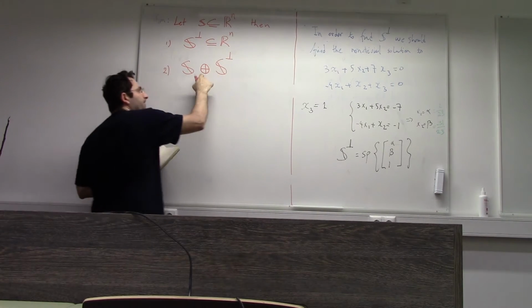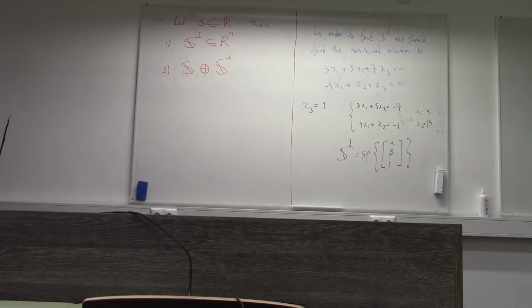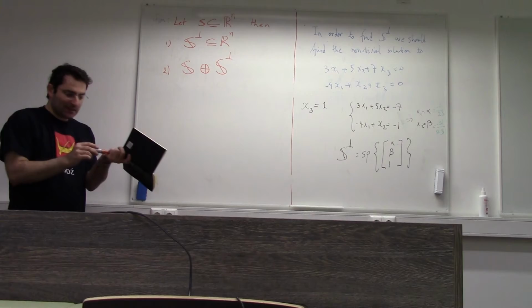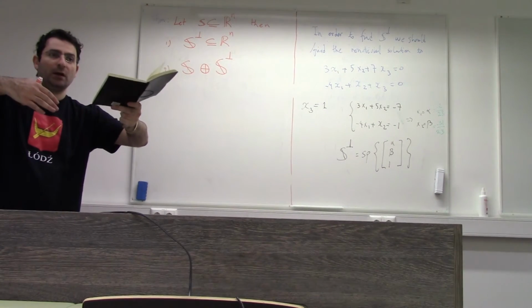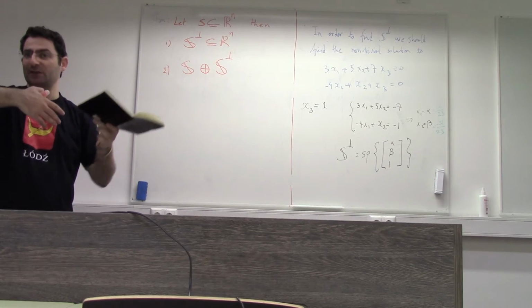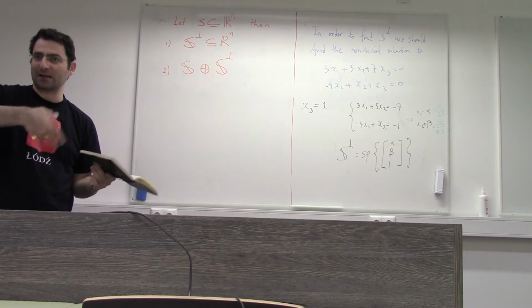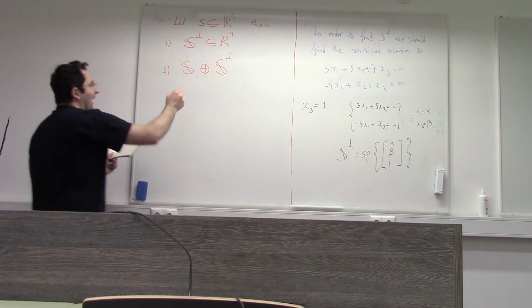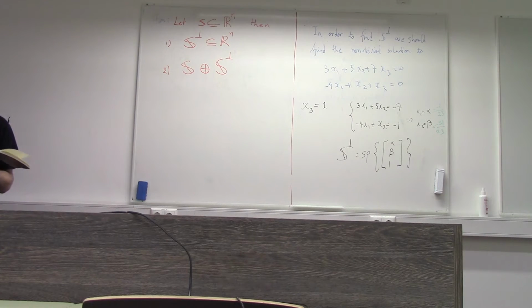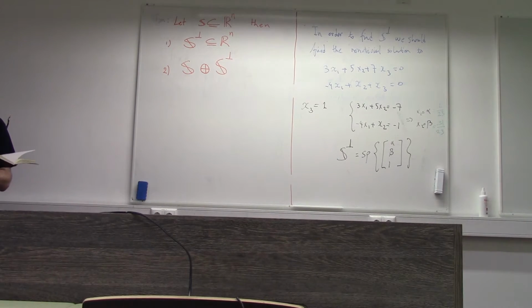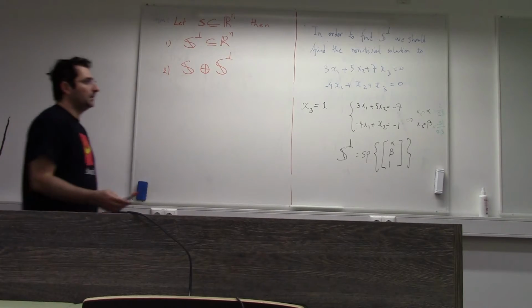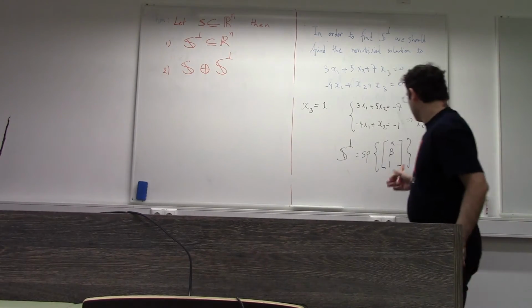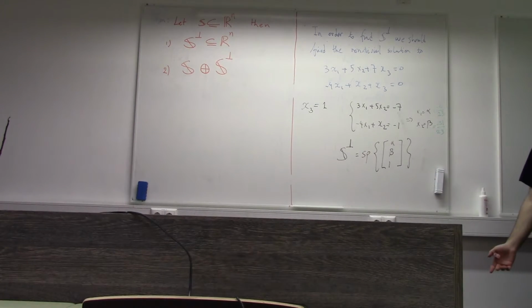What was this symbol? Direct sum. Direct sum means that we put the elements together, but if there is an element which is an intersection, like common, we put them only once, not twice, right? So if I do that, what do you expect that we get? Zero probably, or no. These vectors that we have, direct sum with this vector, do we get 0?